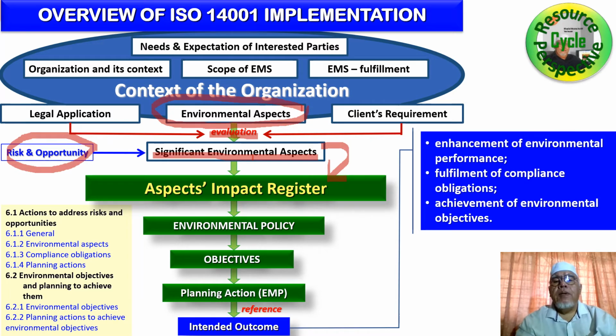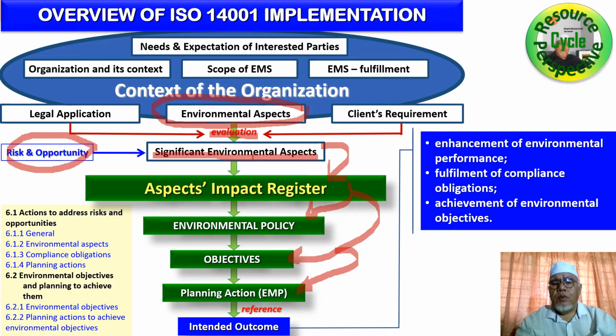Then our company will pursue developing our environmental policy. Once that is done, we get back to our environmental aspects impact register to develop objectives and targets, and how to achieve them: who does what, when, and how much.